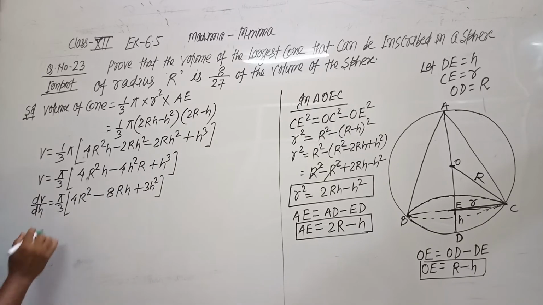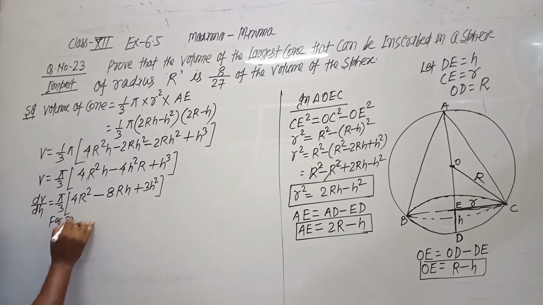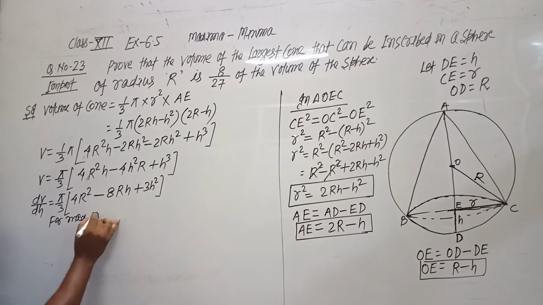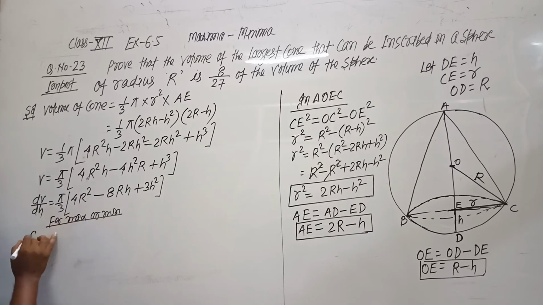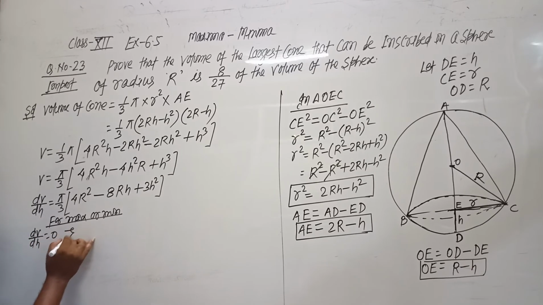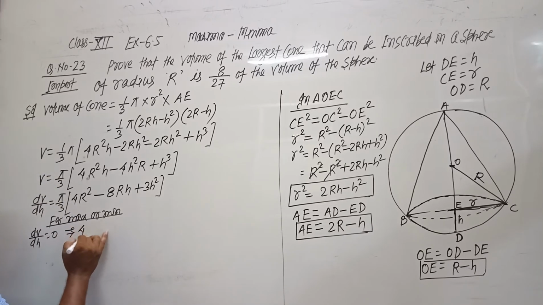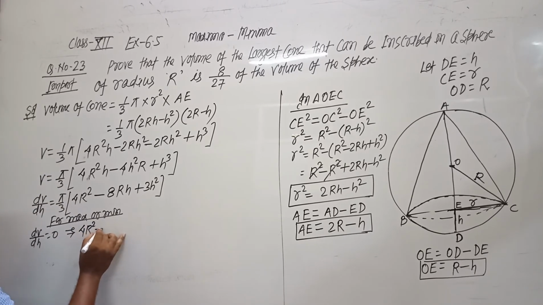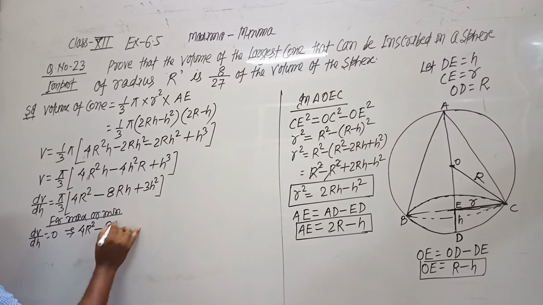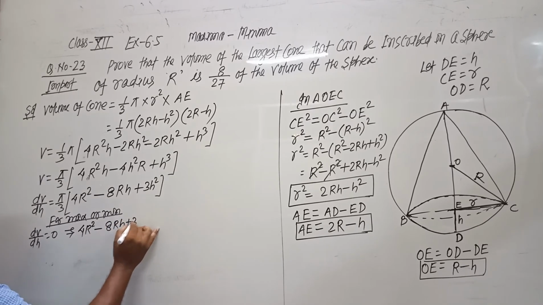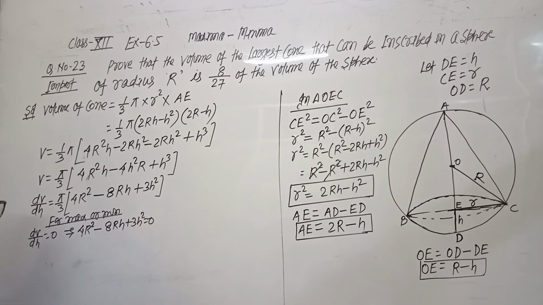Now for maxima or minima, we make dV by dh equal to 0. So this term becomes 0, and we get 4r square minus 8rh plus 3h square equals 0.